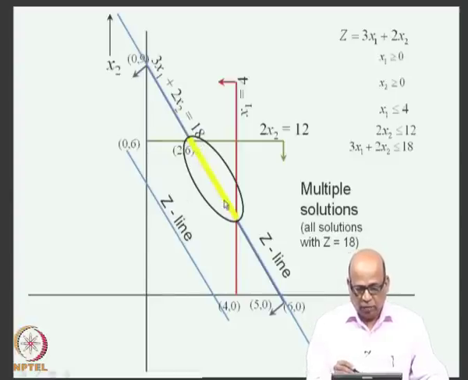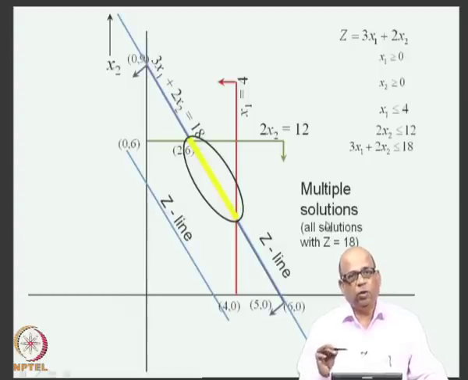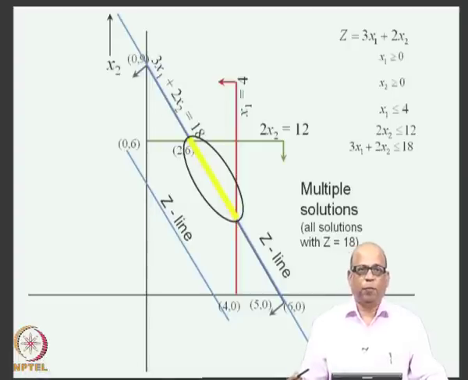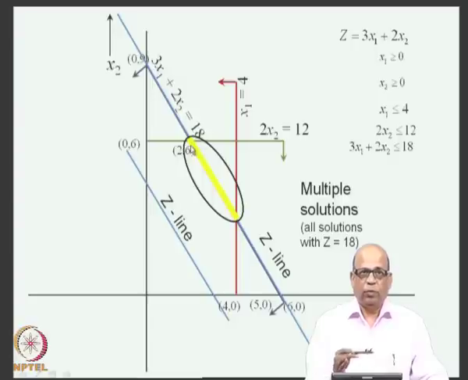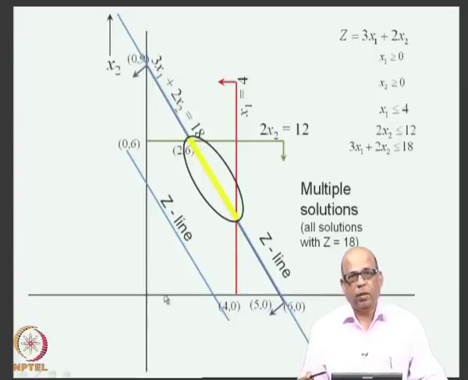So, this case will lead to multiple solutions. You need not have one solution, you may have multiple solutions to an LP problem, and the multiple solutions occur when the z line corresponds to one of the boundaries of the feasible region.